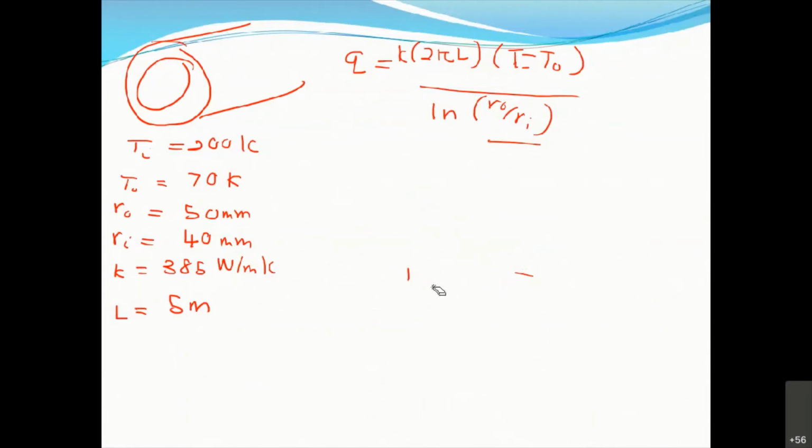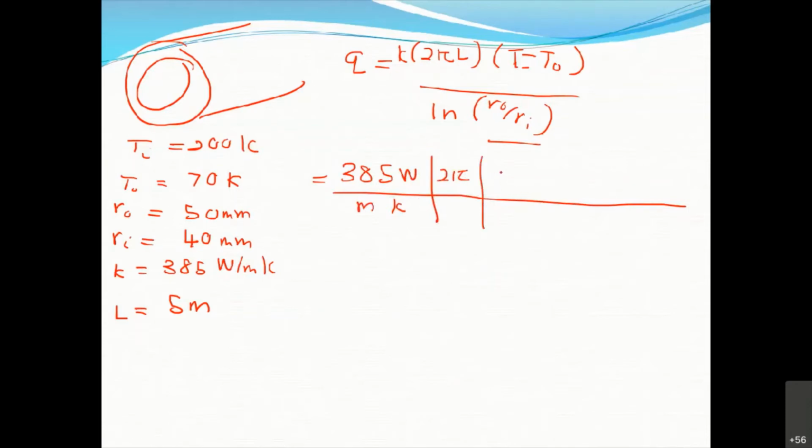So once you have put in all the values, you know the value of K, you know the value of L, you know the value of Ti minus To, and you know the value of Ro and Ri. So let's say Q is equal to K, which is 385 watt per meter Kelvin, times 2 pi, which is just a constant, times L, which is 5 meter, times Ti minus To.